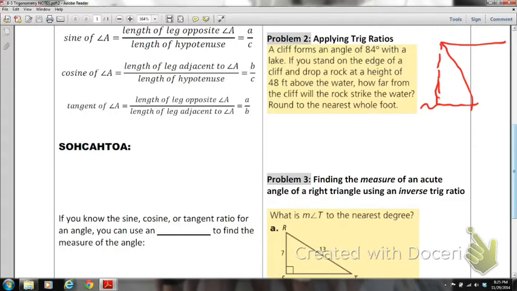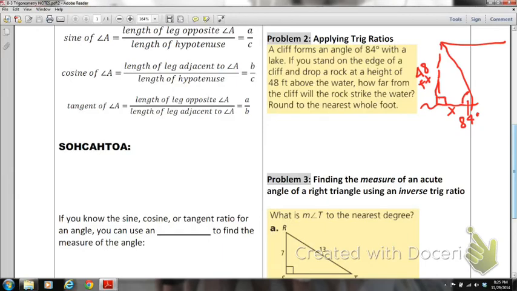So it's forming a right angle with the water, and you're 48 feet above the water when you drop it. And it says the cliff forms an 84-degree angle with the lake. So this angle over here is 84 degrees. And you want to know how far from the cliff the rock will strike the water. So you want to know this other side of the right triangle. How far away from the cliff is it?